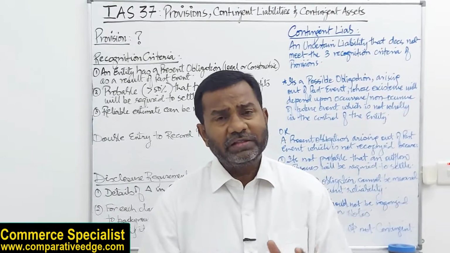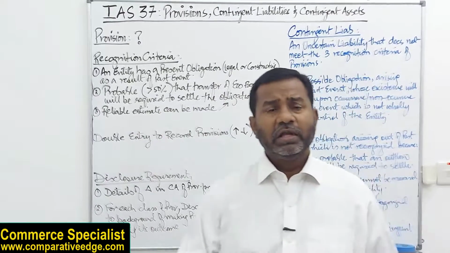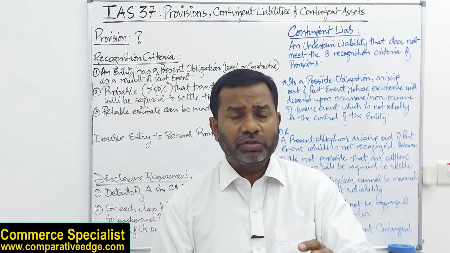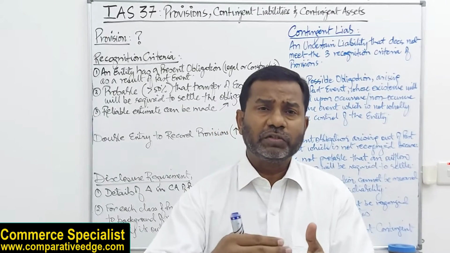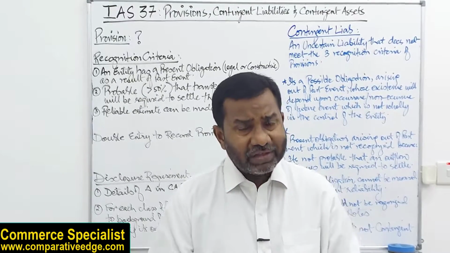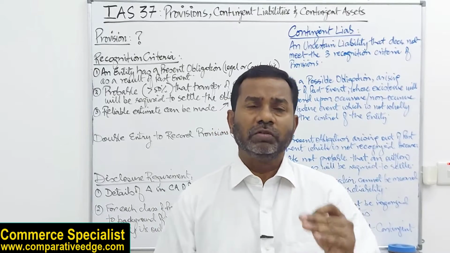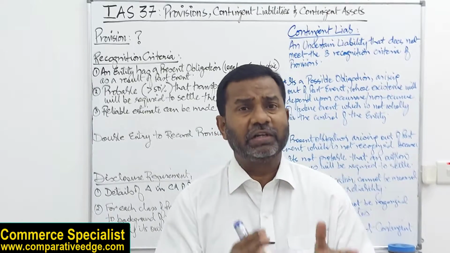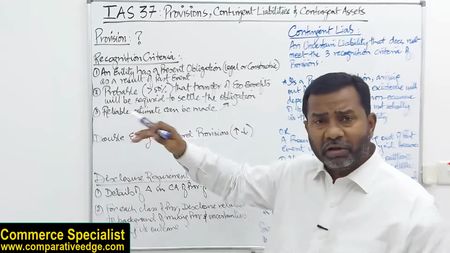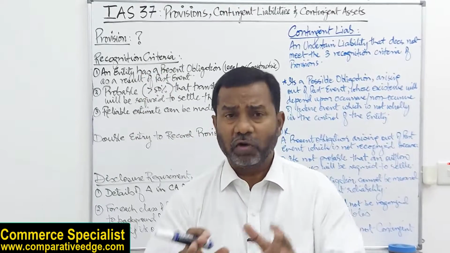The third one is a reliable estimate. Can we make a reliable estimate of the amounts, the economic benefits which will flow out of the organization to settle the obligation? If yes, only then the provision is recognized in the financial statements, means it is recorded. So please remember the three conditions, the recognition criteria as per IAS 37 for a provision.